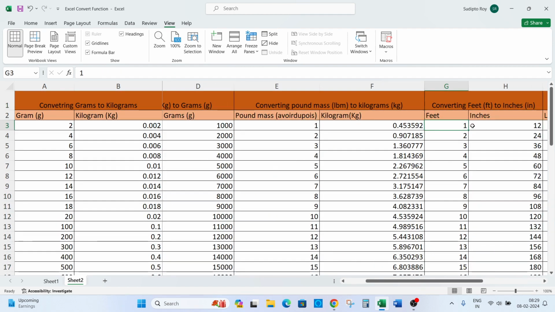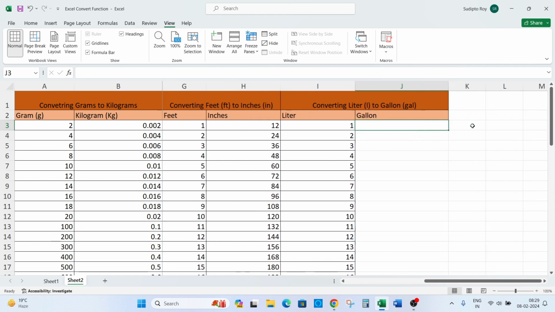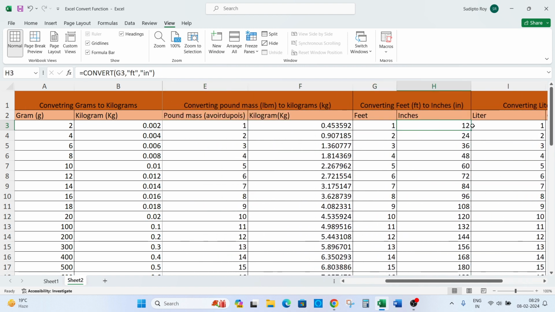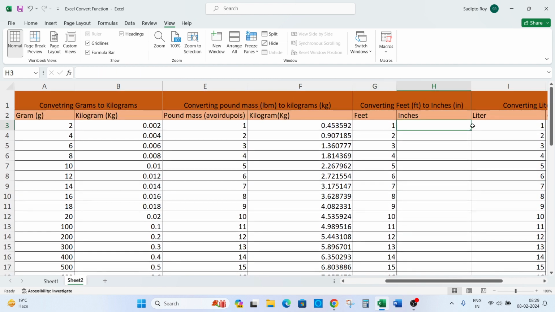Yes. Now let's try and convert inches into feet. The next thing that we can do is try and convert feet into inches.